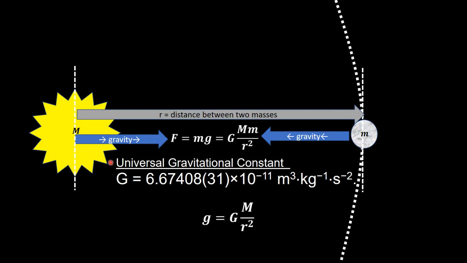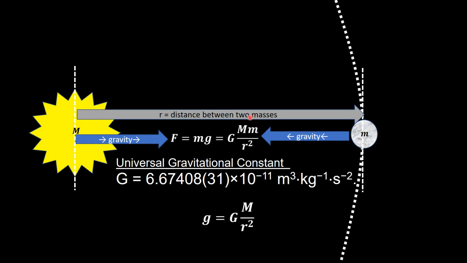Newton found this universal gravitational constant that seems to work throughout the universe, 6.67 times 10 to the negative 11th meters cubed per kilogram second squared. It relates the attraction between the sun and the planet, and it's inversely proportional to the square of the radius. So as the radius gets larger, the gravitational force gets smaller.